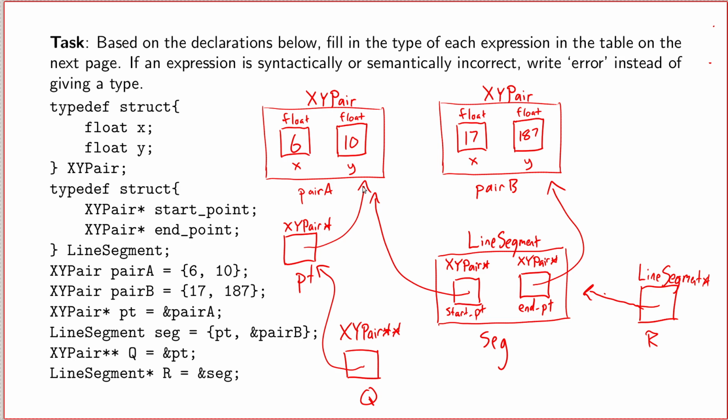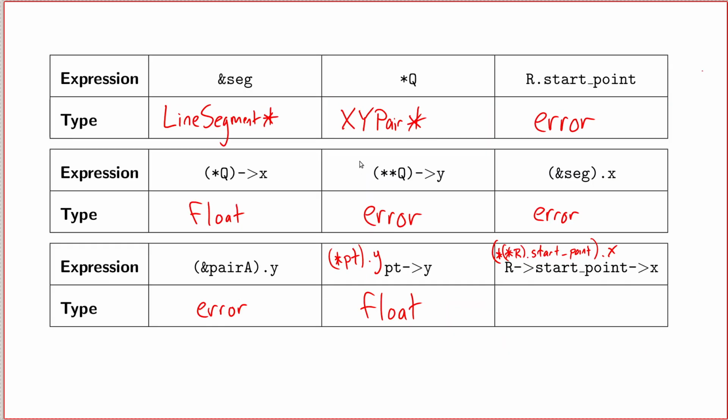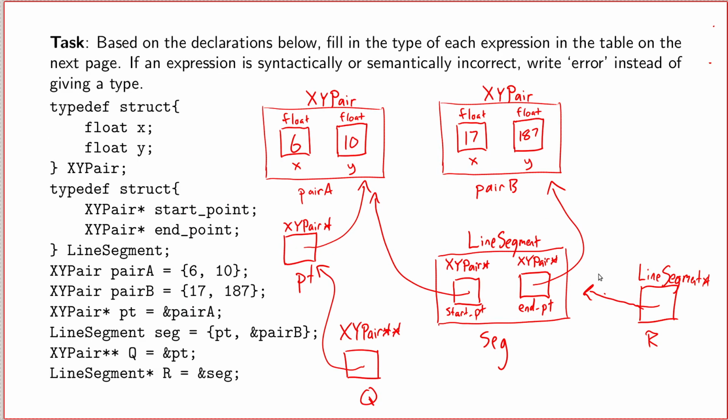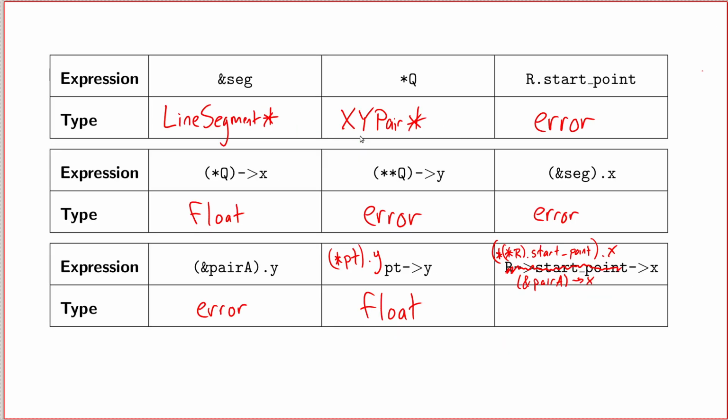When I do that, I have a pointer to pair A. So maybe what I should do is just cross this out and write in, this whole thing ends up being a pointer at pair A. And then I want to follow that pointer and grab the member X. Okay, so if I have a pointer to pair A and I follow the pointer and grab the member X, well, it seems like that should be valid, because if I have a pointer to pair A, then I obviously could follow that arrow. So I've got my arrow pointing at pair A, I follow the arrow and I try and grab the member X, and I'm able to do that, and it is a float.